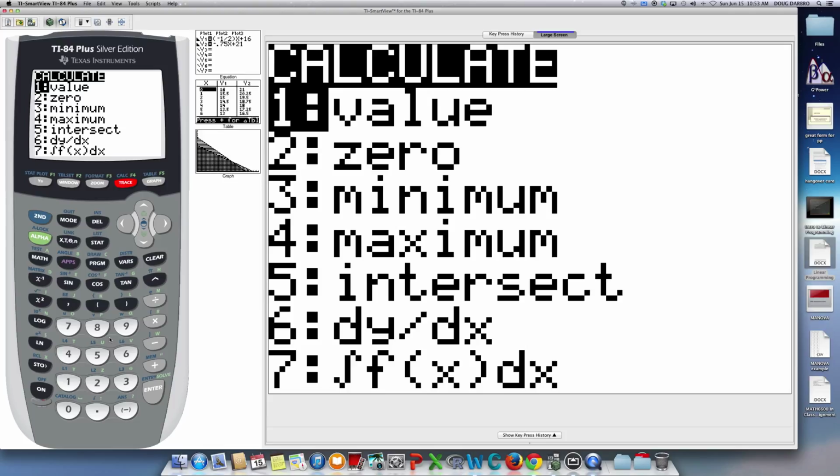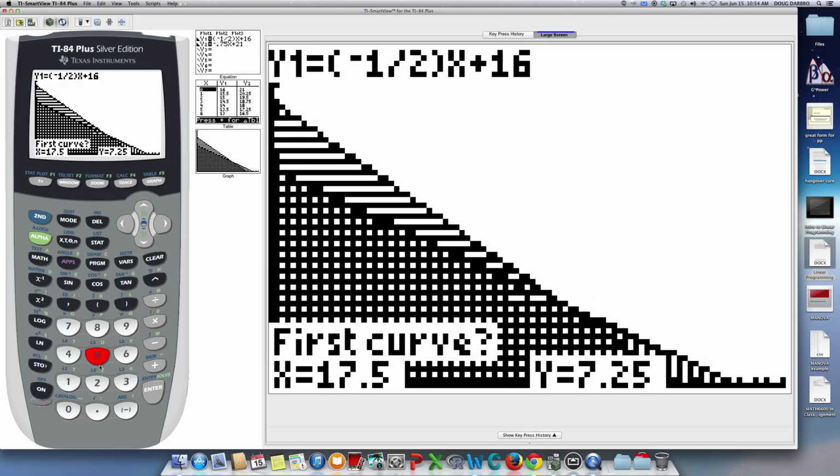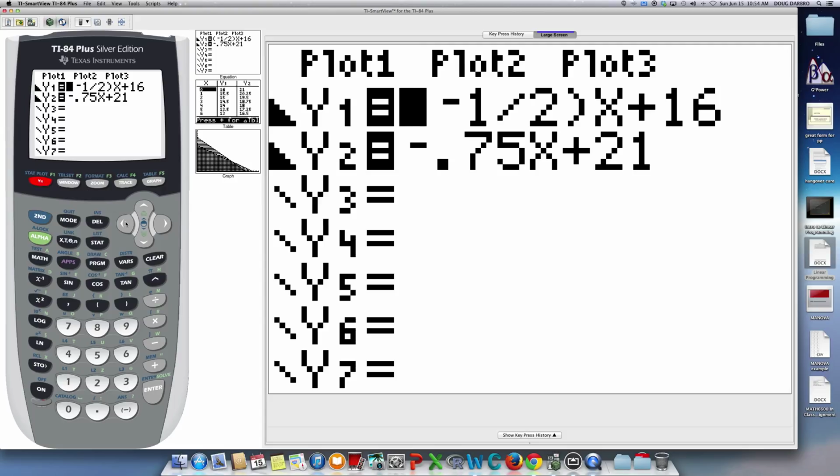Now I know your calculator's working a lot quicker, but this thing takes up a tremendous amount of space. Alright, so what it's going to ask us first of all is to choose the first curve. Now here's a situation where I think it's easiest to go back into y equal and take off the shading.